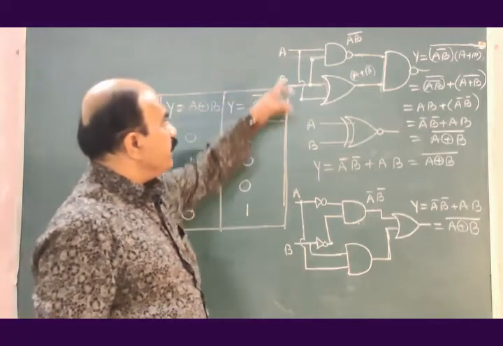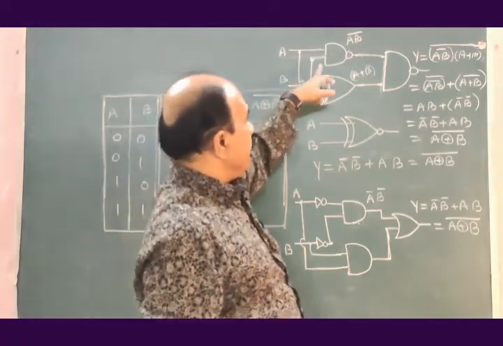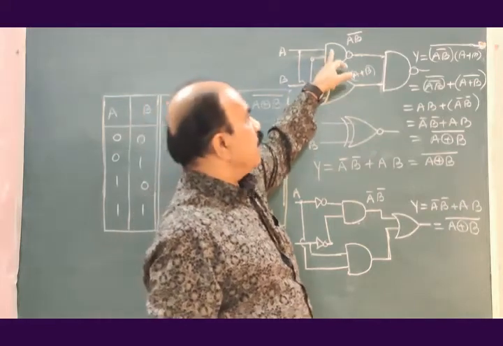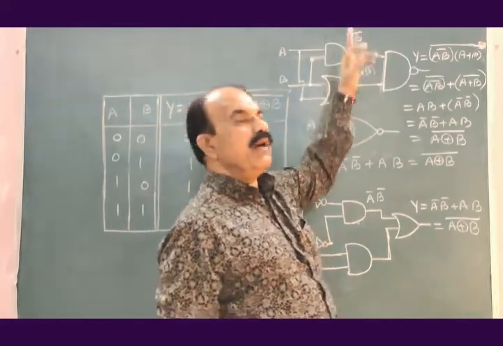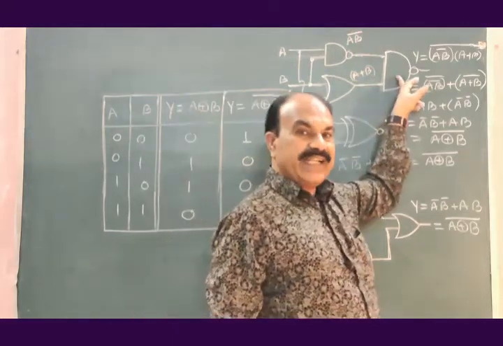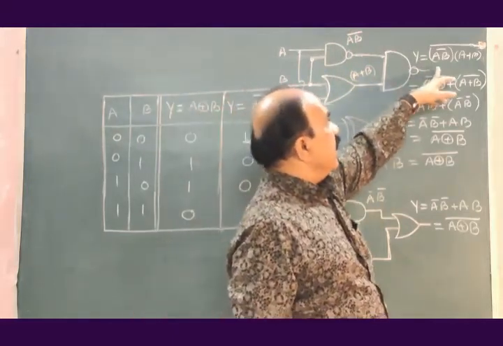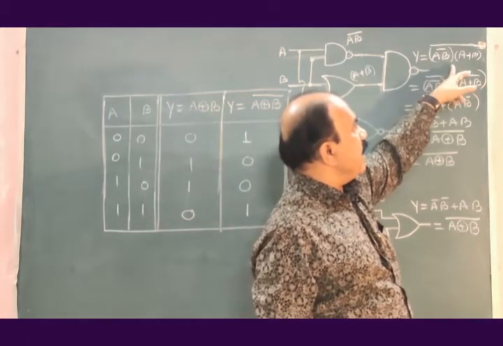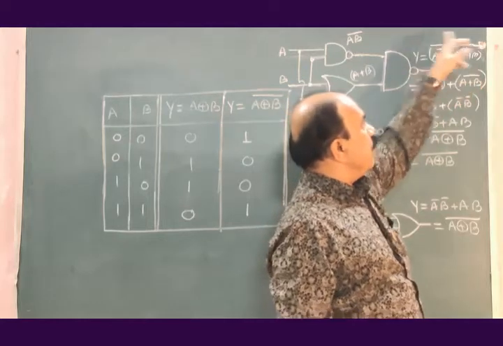What we have done: input A, input B, AB applied to NAND gate, AB applied to OR gate, output of NAND gate AB whole bar, output of OR gate A or B. This is second NAND gate, A or B and A and B whole bar and A or B whole bar.